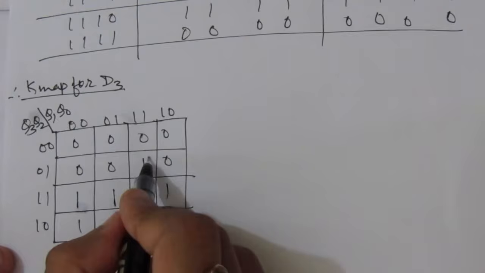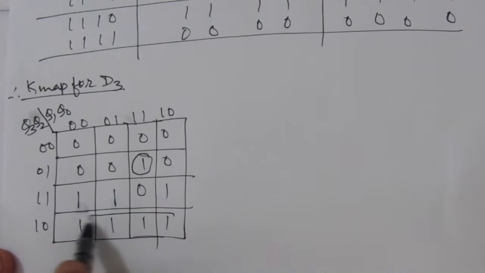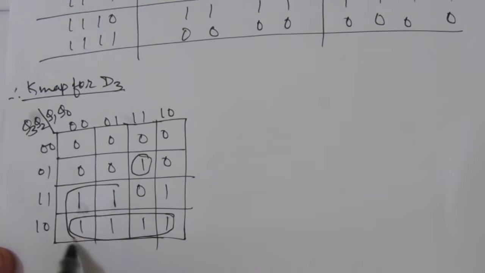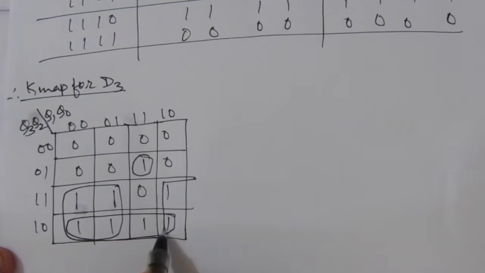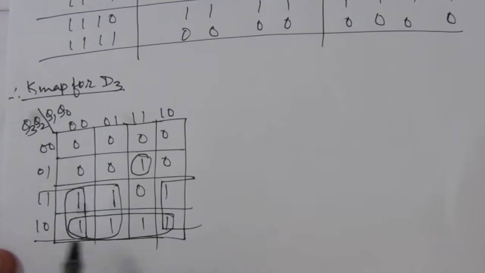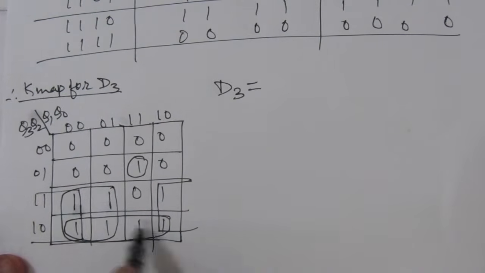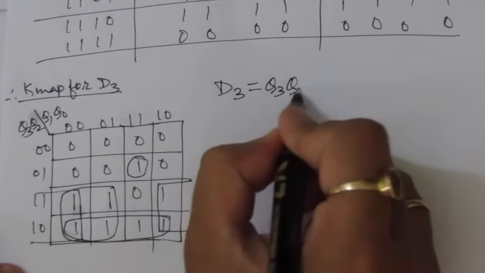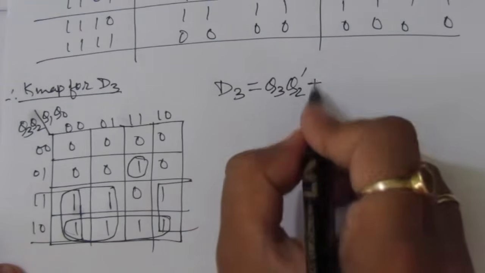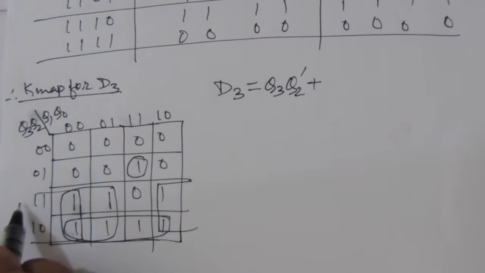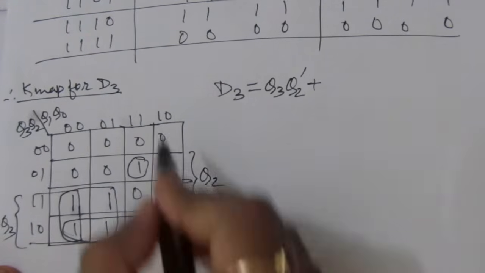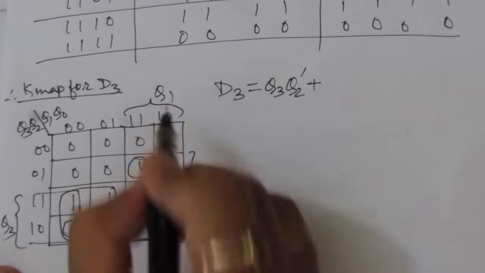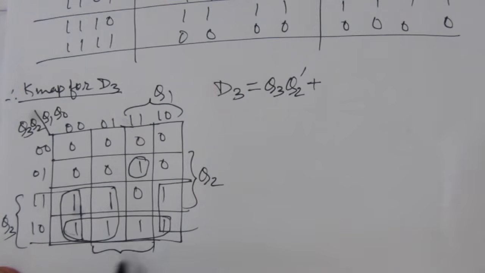Now how can we combine? This will be one combination, this will be another combination, this will be another term, and the last one will be covered in this combination. From this term we have Q3 Q2 bar. Here this is Q3, this is Q2, this is Q1, and these two columns are Q0.